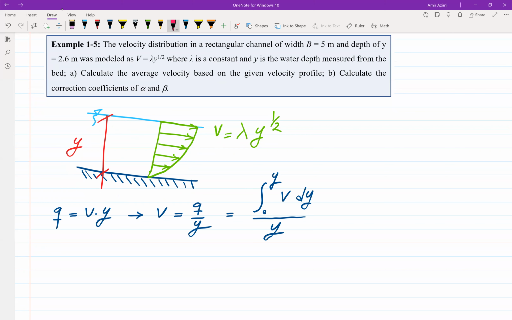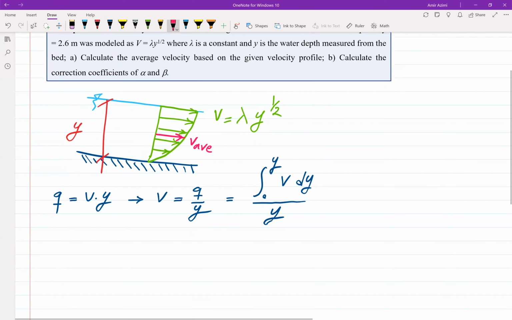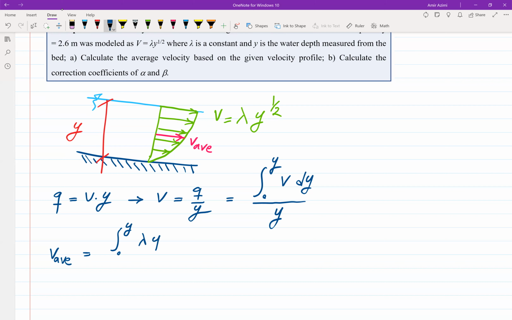Now we just need to replace the expression of velocity based on depth. Then V average is equal to integration from 0 to Y, lambda y to the power of 1/2 divided by depth.